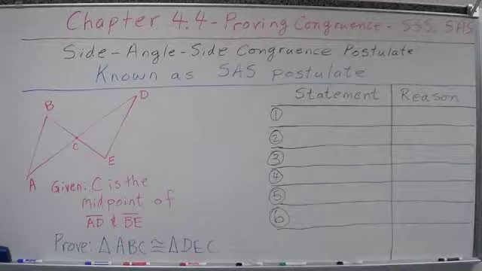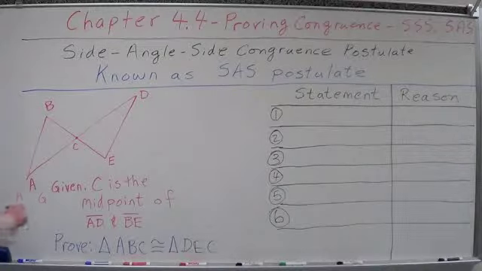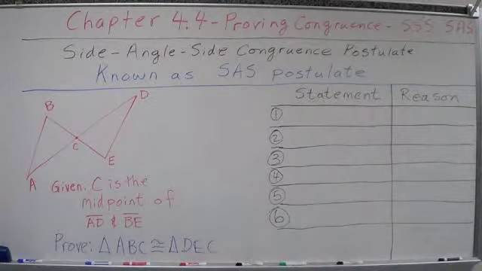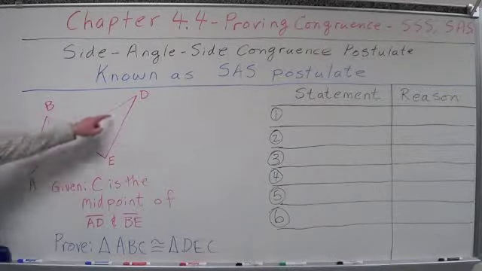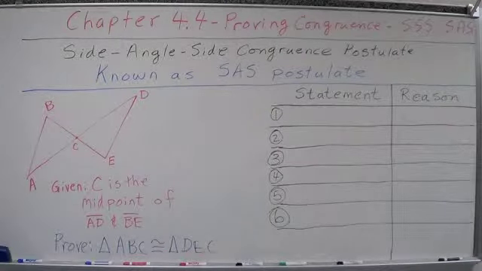We're given a figure that has two triangles in it with a common point, triangle ABC and triangle DEC. We're given that C is the midpoint of segment AD, and BE. Let's look at what our given is. C is the midpoint of segment AD.